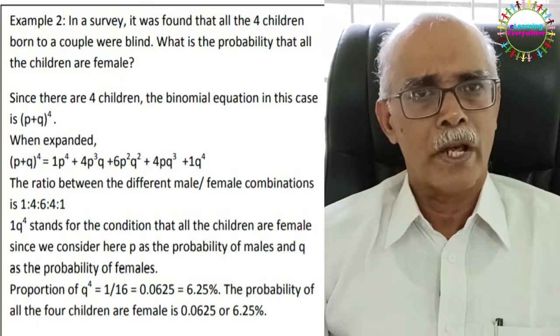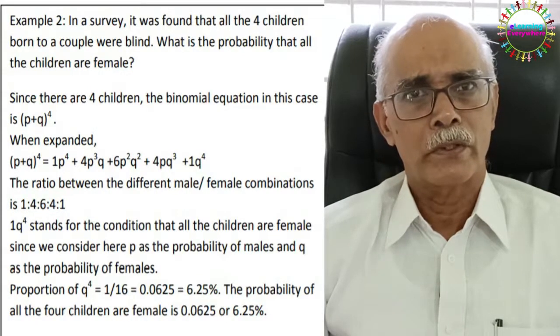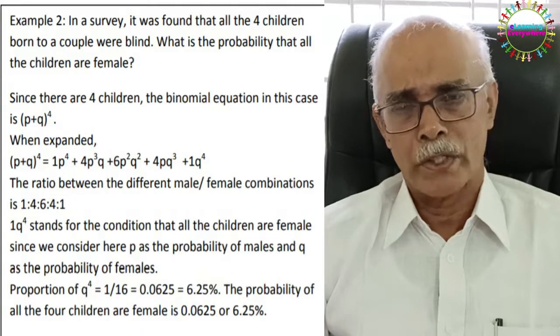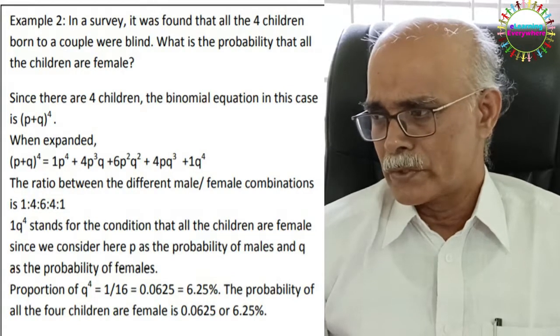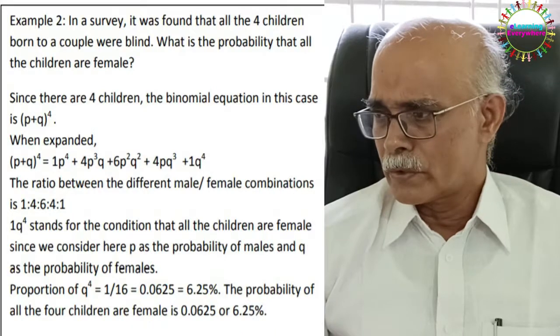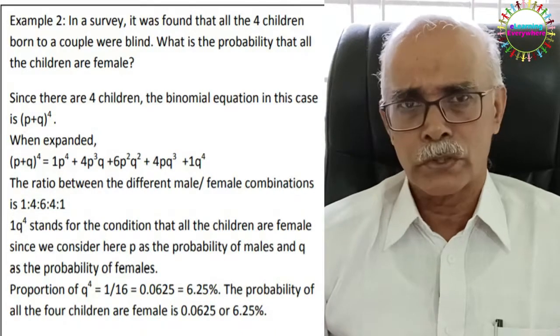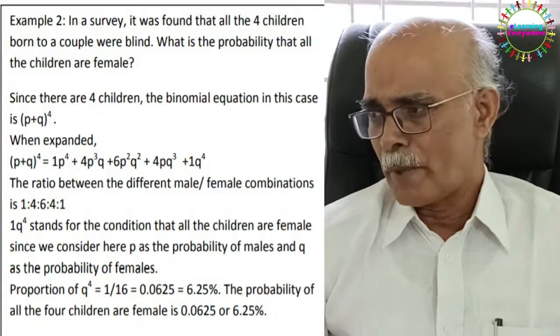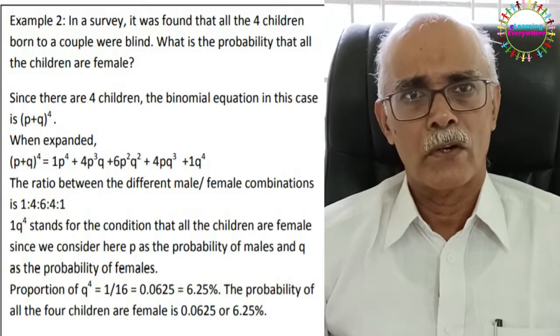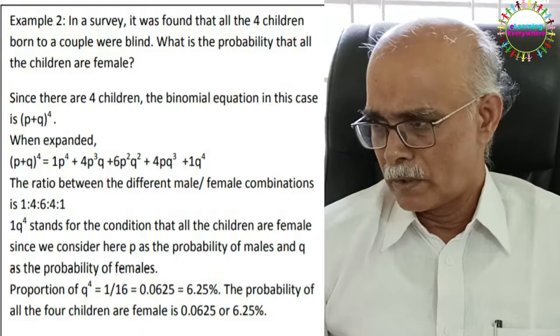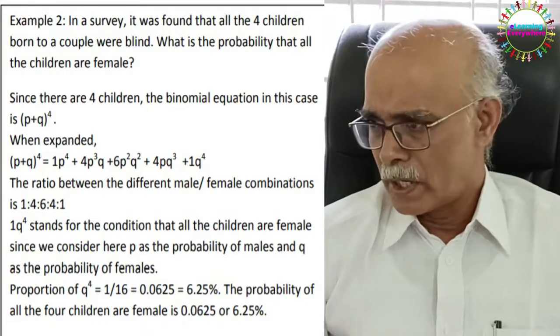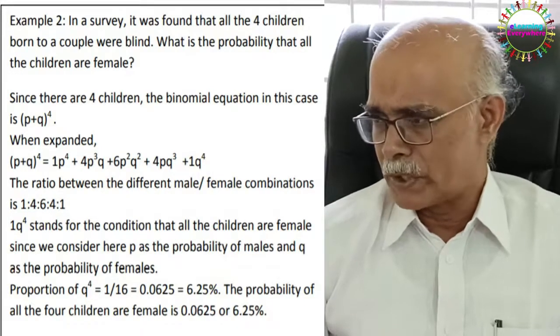In the ratio, the total of all the terms is 16. So q raised to 4 stands for 1 by 16 of the total of the coefficients.